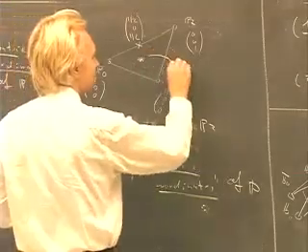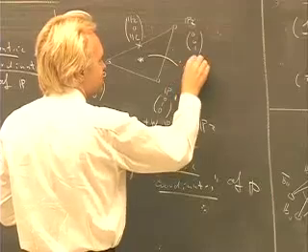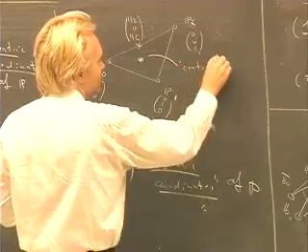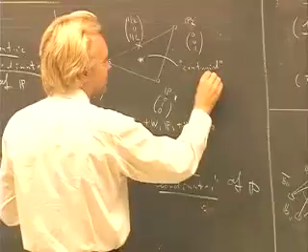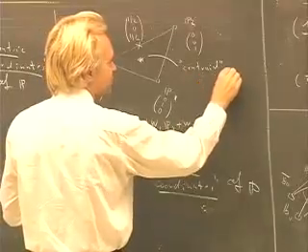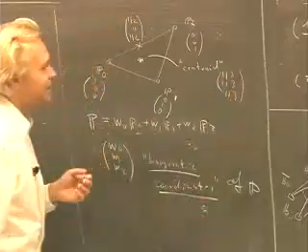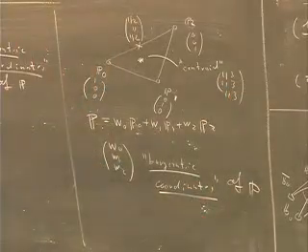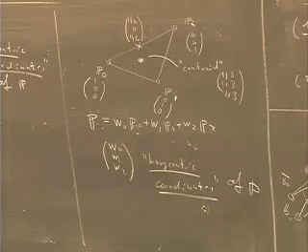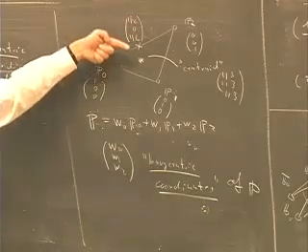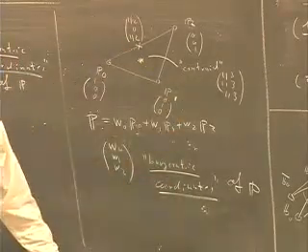This is the centroid, another example of a point with coordinates 1/3, 1/3, 1/3. And again, you see that all these coordinates sum to 1.